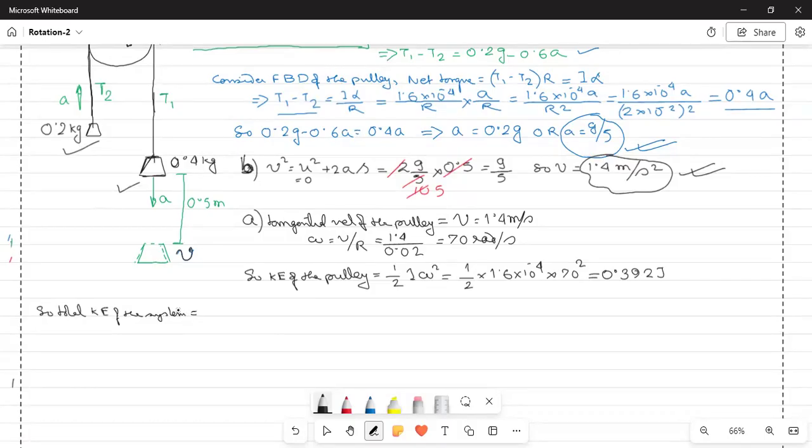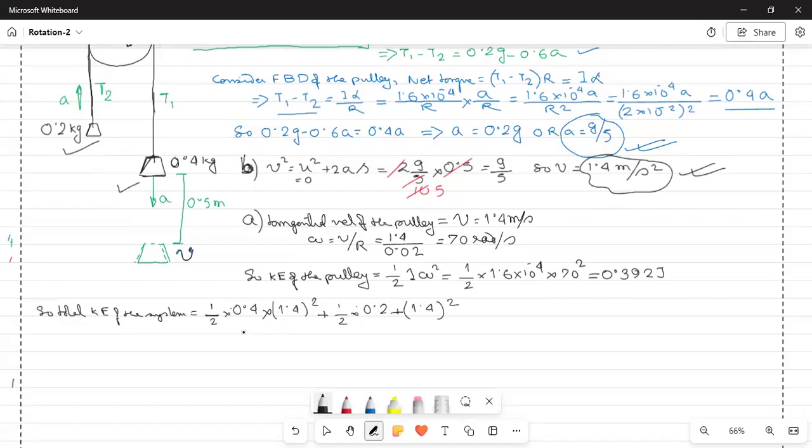It is half m, let us take the 400 gram mass, half of 0.4, and v square, its velocity was 1.4 meter per second, so 1.4 whole square, plus again half m, the 200 gram mass, that means 0.2, plus its velocity was the same, 1.4 whole square.